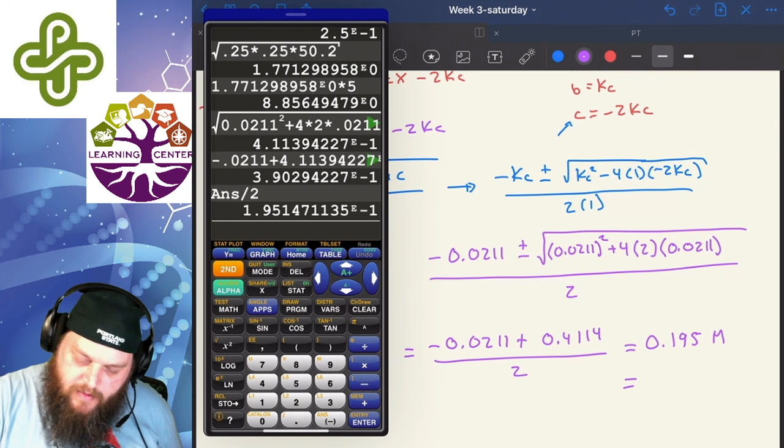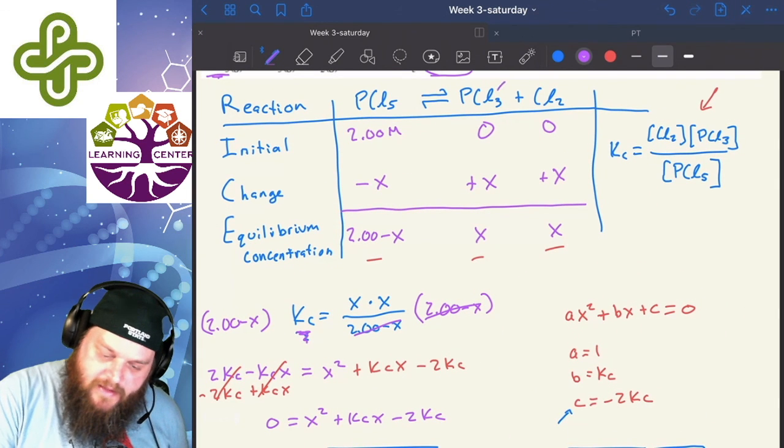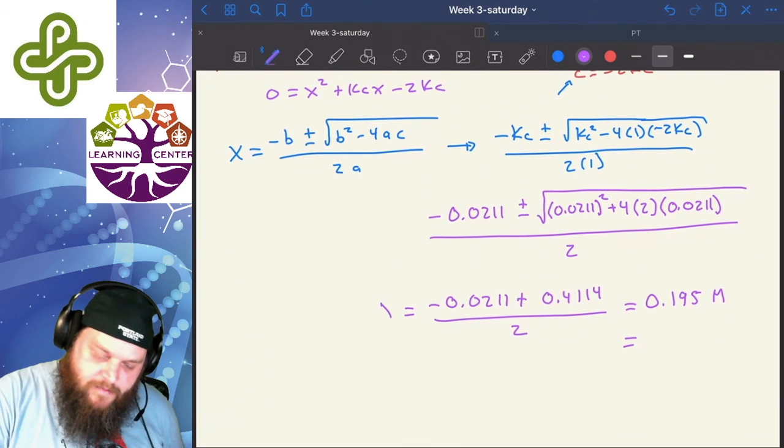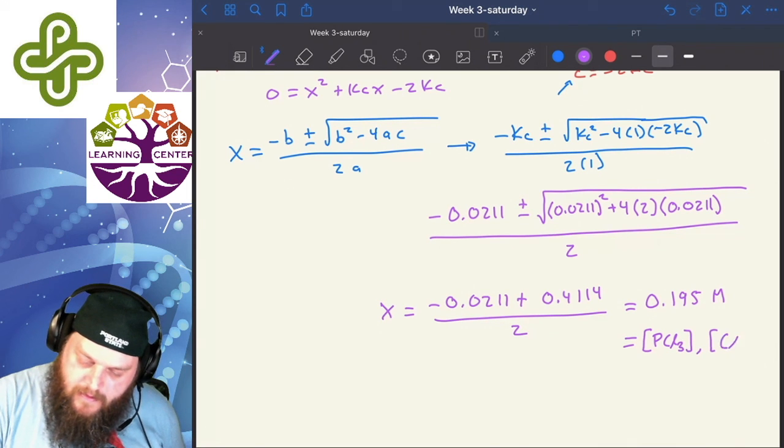This is equal to then the concentrations of PCl3 and Cl2, because that's equal to X.